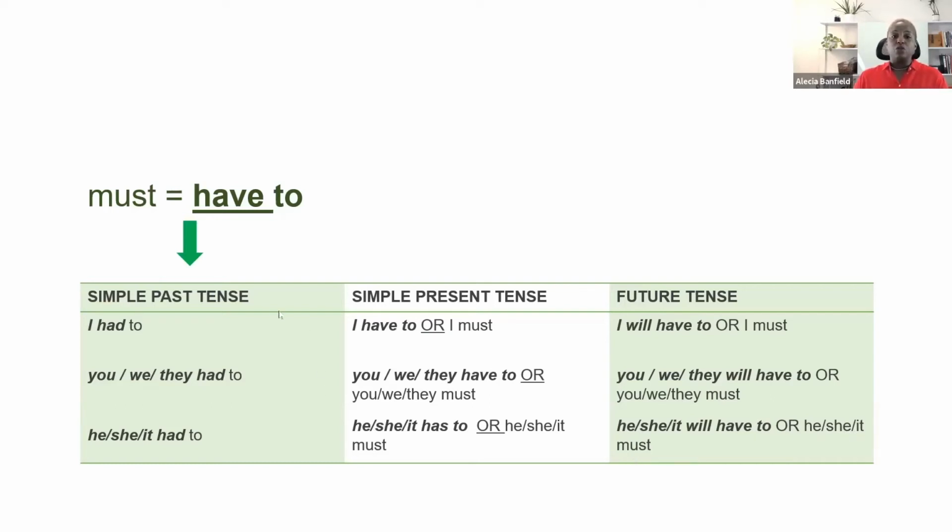However, if you are talking about the past, then we have to use have to. So we say, I had to, because had is the past tense form of have. You, we, or they had to, or he, she, or it had to.